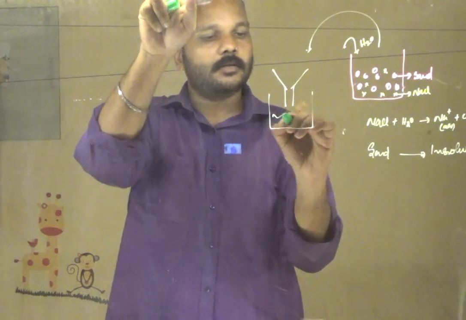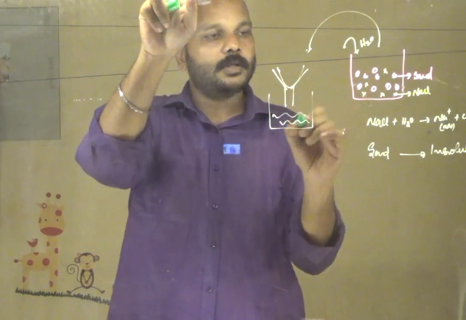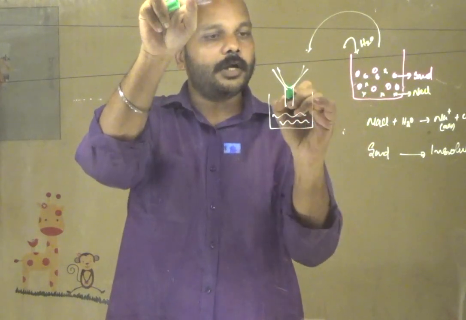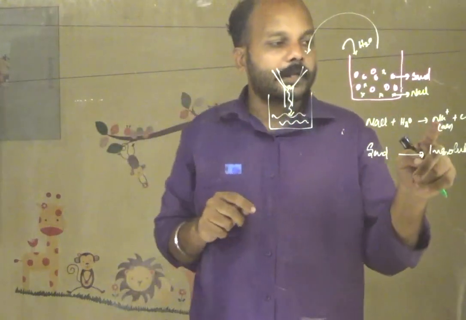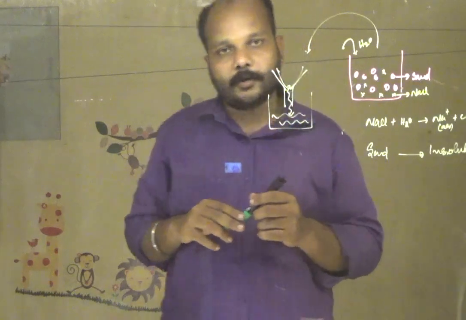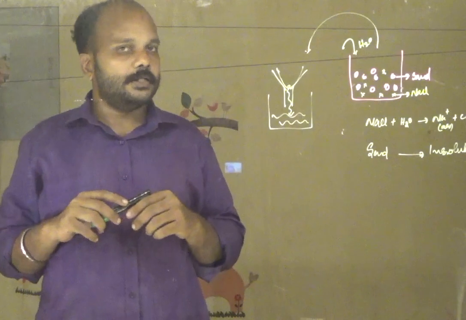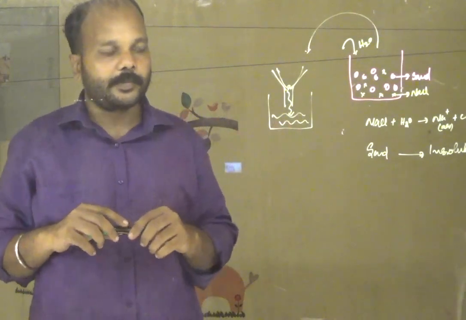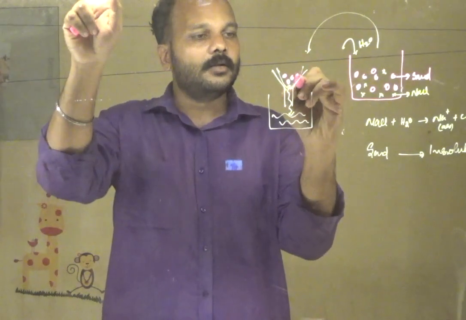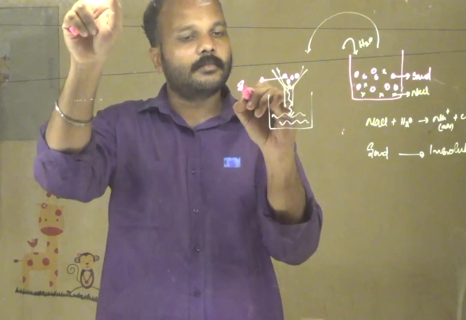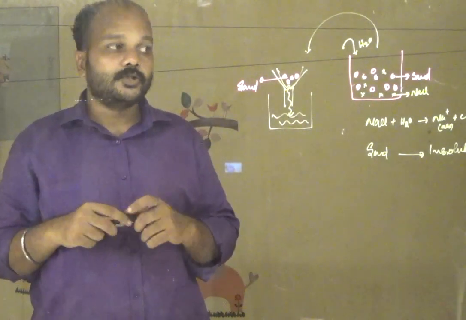Consider a beaker, use a filter paper, and this sodium chloride will pass through the filter paper, because sodium chloride contains Na plus and Cl minus, both are ions, right? The size of ions is very small, so they can easily pass through the pores within the filter paper. On the other hand, the sand particles will remain on the filter paper. Are you clear? So this is going to happen.